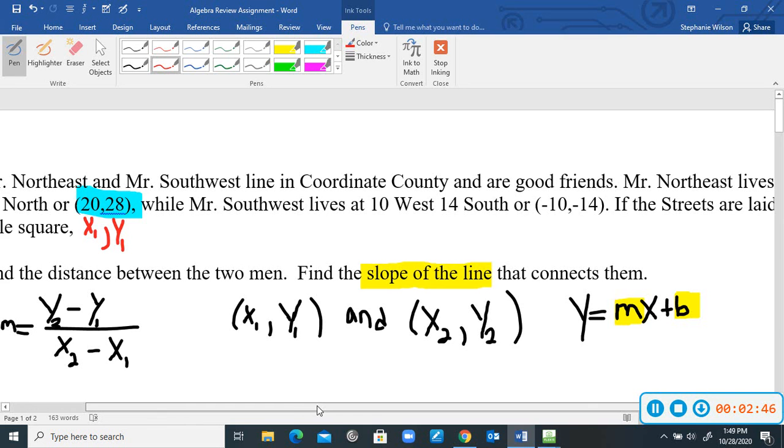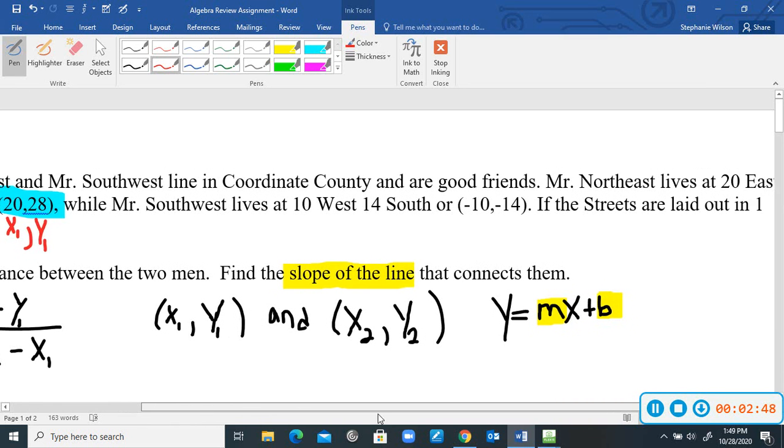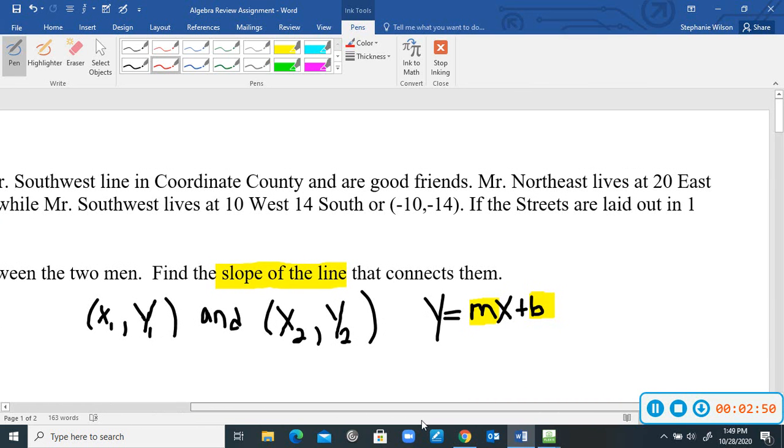And then it says Mr. Southwest lives 10 west, 14 south. So here is my ordered pair, and I'm going to call it my subscript 2. So now I have two ordered pairs, and that's all I need. I need two ordered pairs in order to graph a line.